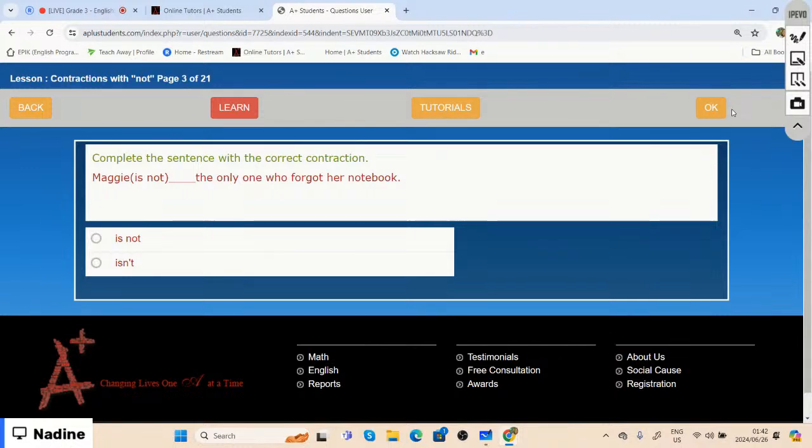It says Maggie is not the only one who forgot her notebook. So do we say is not, which is option one, or isn't, option two? We are going to end in 3 minutes time.